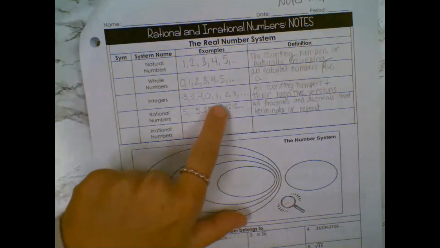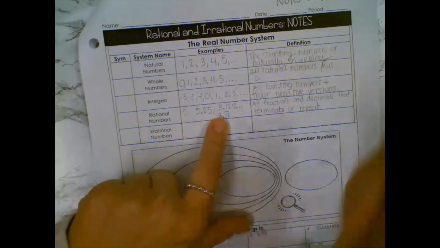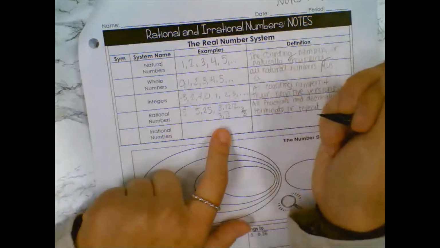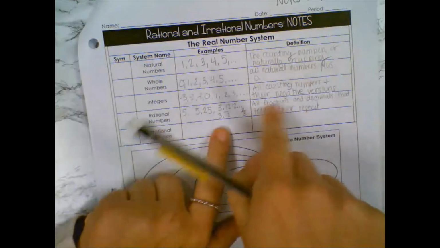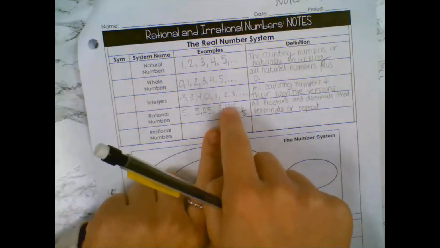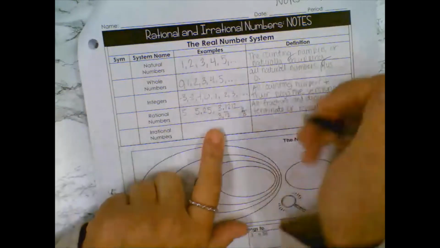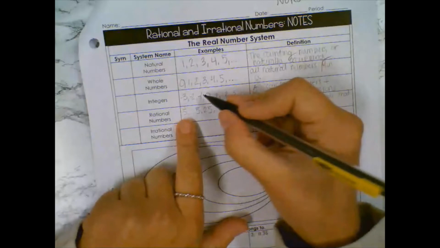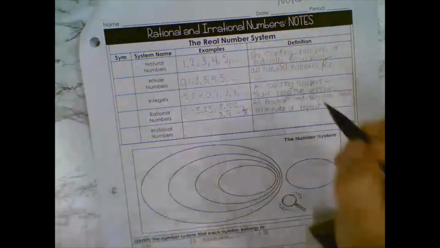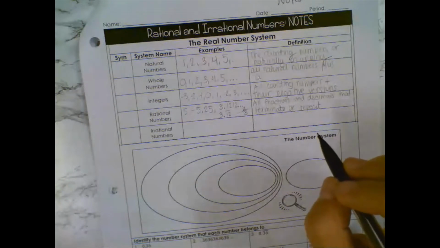That is also another way of writing repeating numbers. You could also have fractions, something like 2/3. Any fraction is a rational number because all fractions can be written as these types of decimals. And then obviously you could have their negative versions, like negative 2/3 and negative 5.25. The negatives are still also an option.